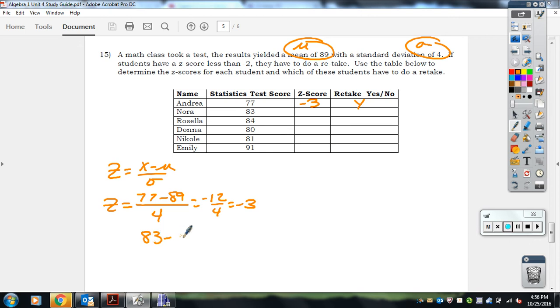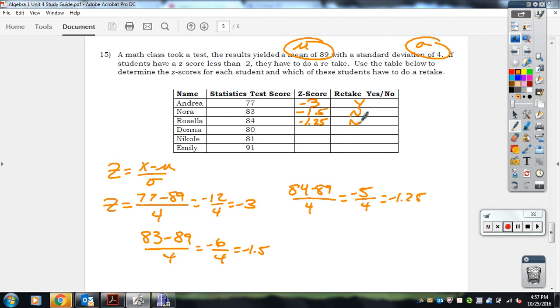Nora, 83 minus 89 all over 4, which is a negative 6 over 4, which is a negative 1.5. Negative 1.5, no. Rosella, 84 minus an 89 divided by 4, which is negative 5 divided by 4, which is a negative 1.25. Negative 1.25, no.